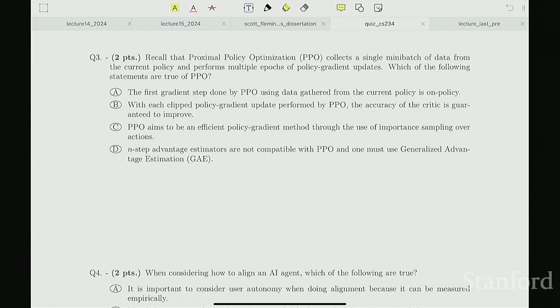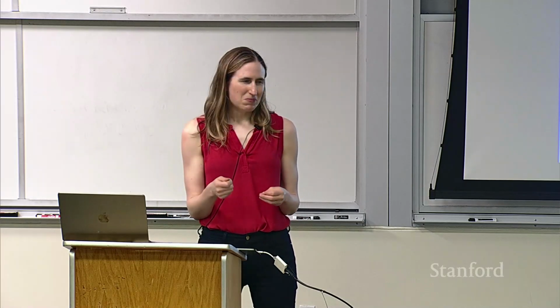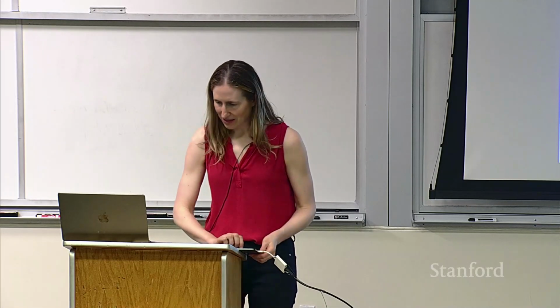One thing that might have been slightly confusing, or a good thing to refresh, is that we really emphasized in class that PPO allowed us to use data and make multiple gradient steps. When it made multiple gradient steps, those would be off policy. But the very first step that PPO makes is always on policy.